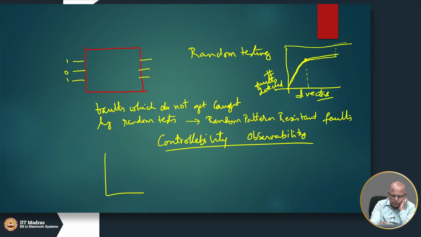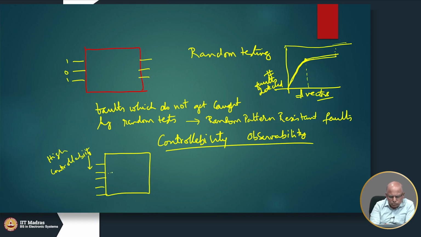In a combinational circuit the primary inputs are fully controllable. These can be controlled to any value. So, controllability is 1, controllability is high, very high controllability.